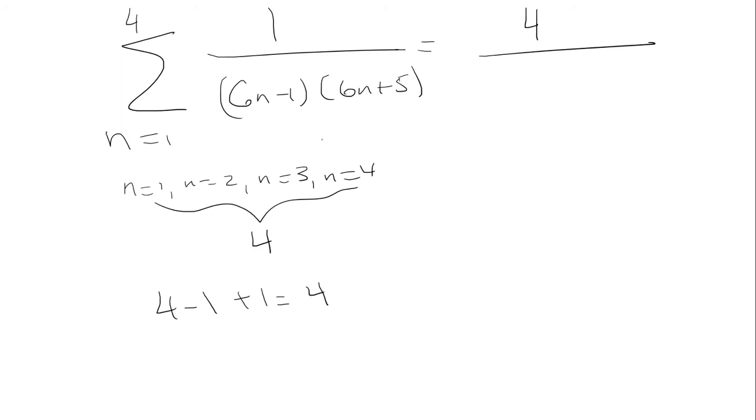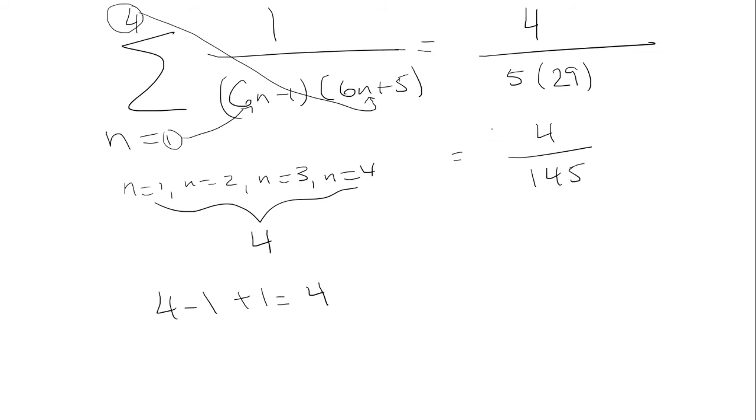Now for the denominator, you're going to plug in n equals 1 in for n for the first factor to get 5. And then for the next factor, we're going to plug in n equals 4. So we have 6 times 4 is 24, plus 5 is 29. And now I could just multiply and get 4 over 145.